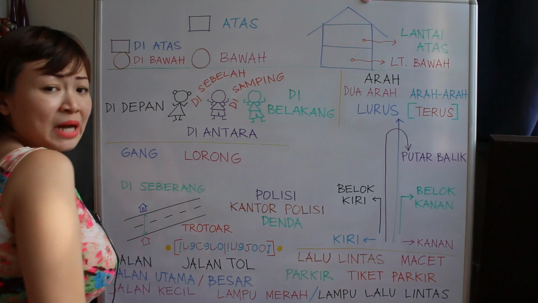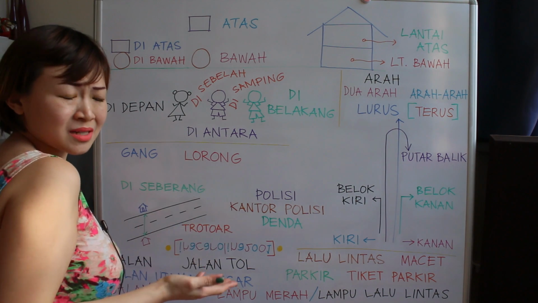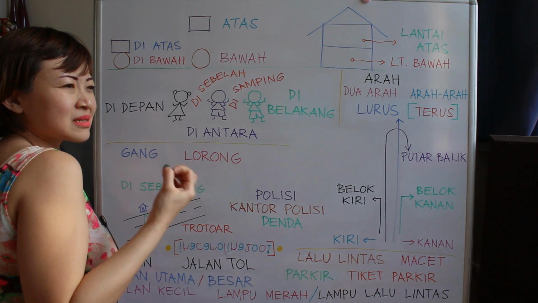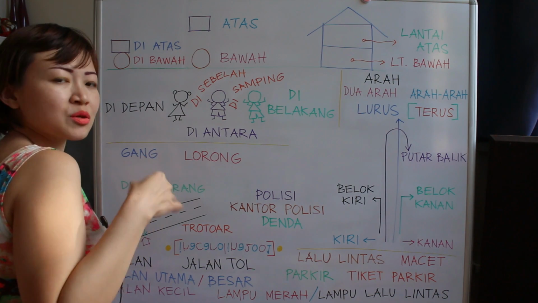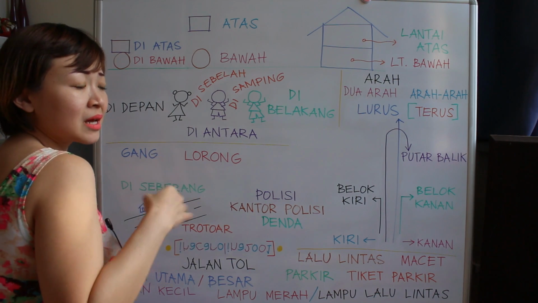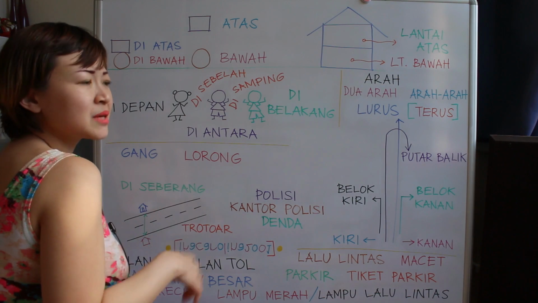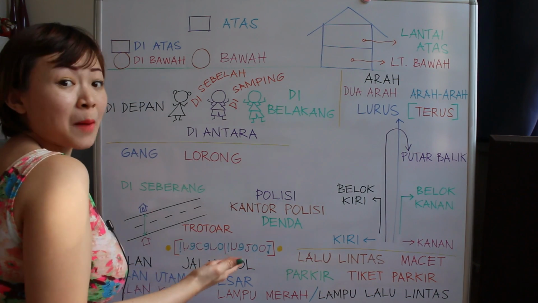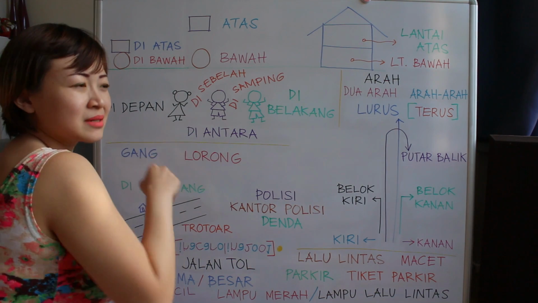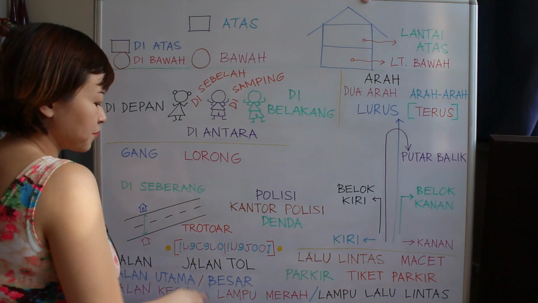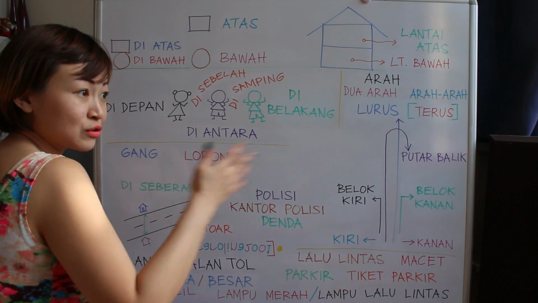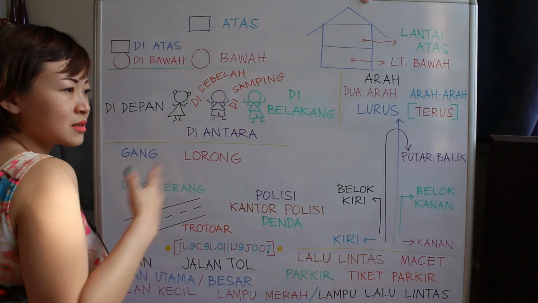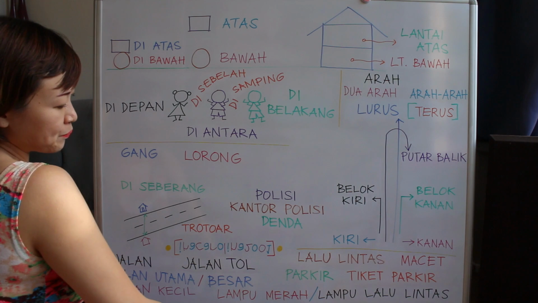Lampu is from Dutch. Lampje. Lamp is light. To make it small, you put small je, lampje, small light. But in Indonesian, it becomes lampu. From lampje, it becomes lampu. Even though it's not small, in Indonesian, for all of the light, it's lampu.